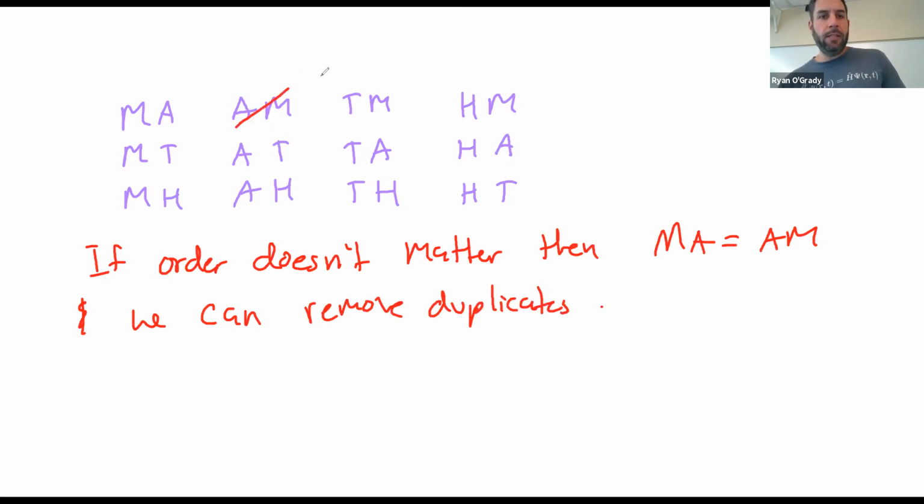So for example, that's a duplicate. If we go down the list, MA, we got rid of its duplicate. MT and TM are the same. MH and HM are the same.